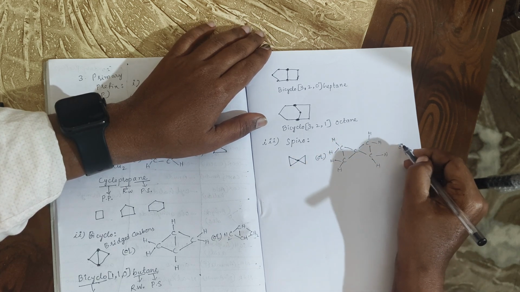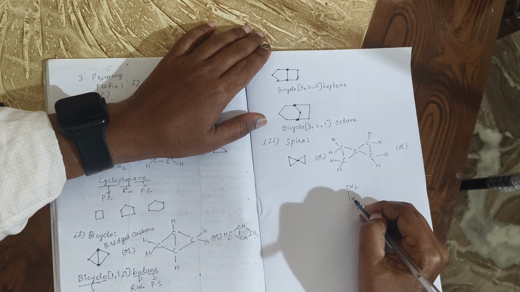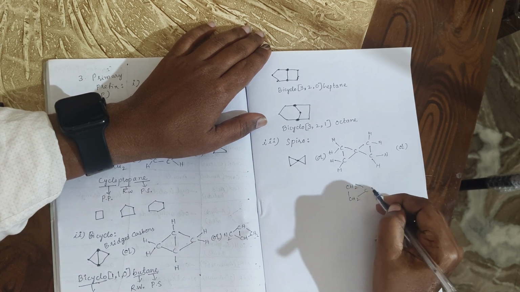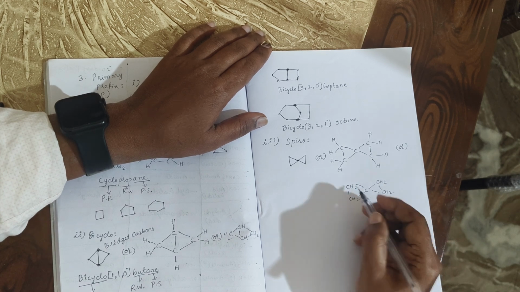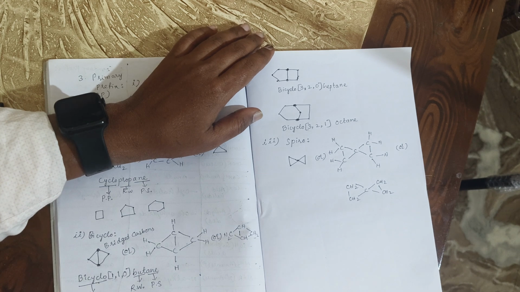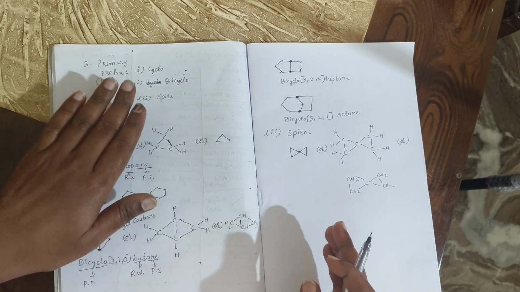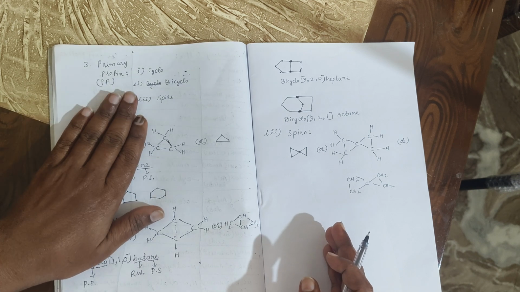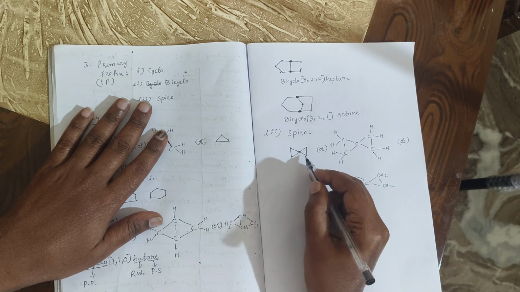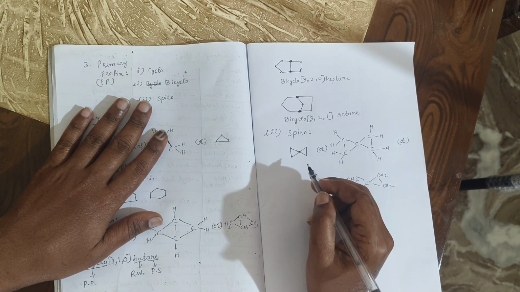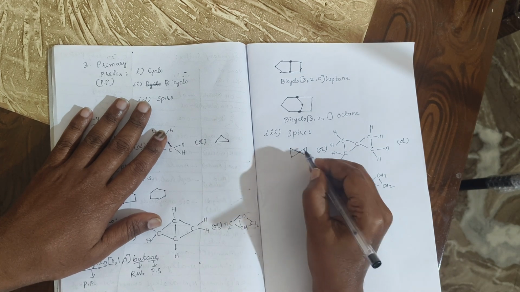It can also be written as CH2, CH2 bond, C, CH2, CH2 bond. These are all related to that compound. How to write the name here? Because we require a primary prefix here. I'm writing two on the left and two on the right. Therefore, how many total carbons are there?